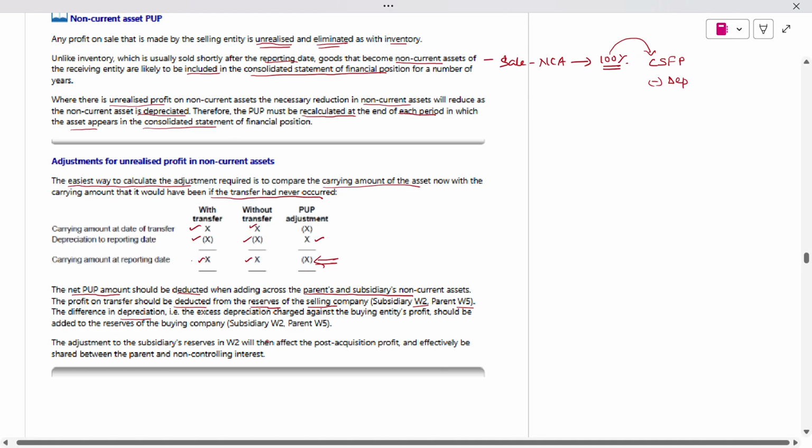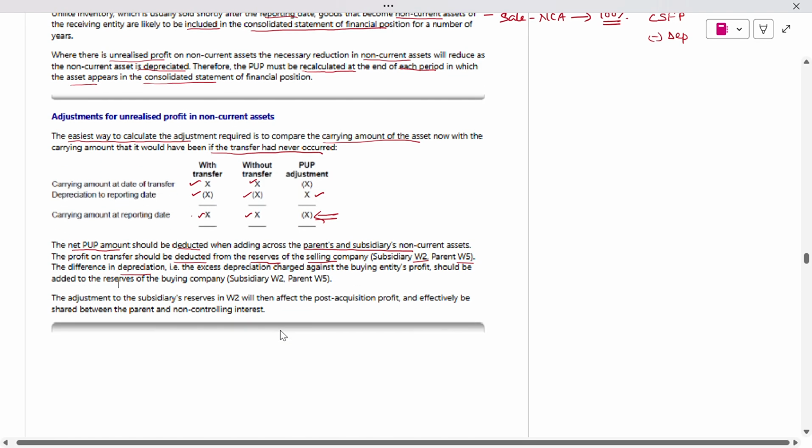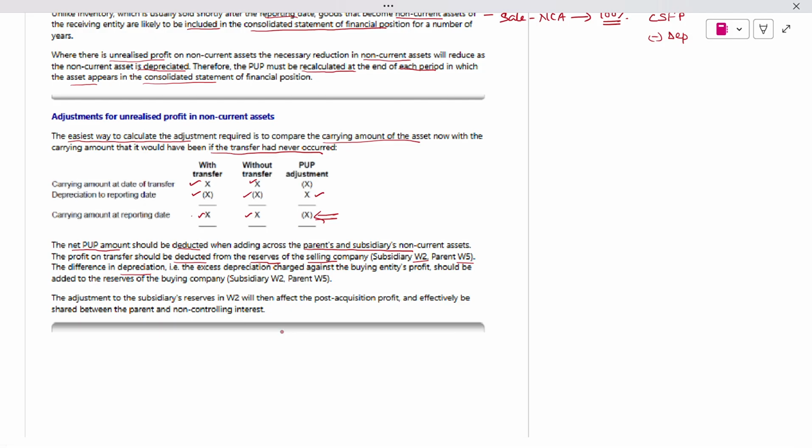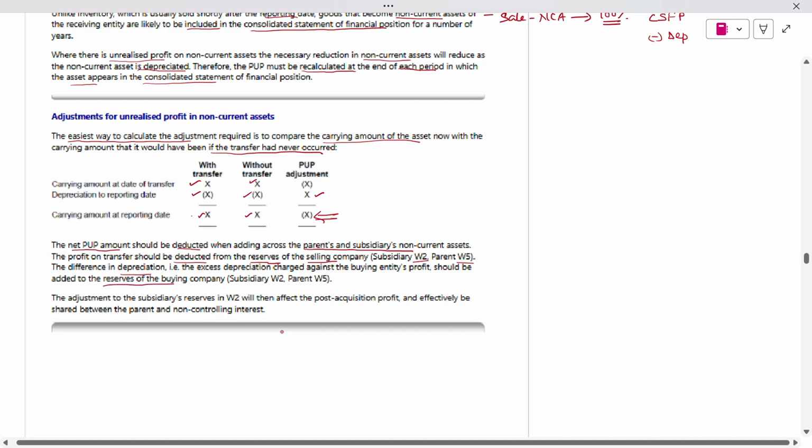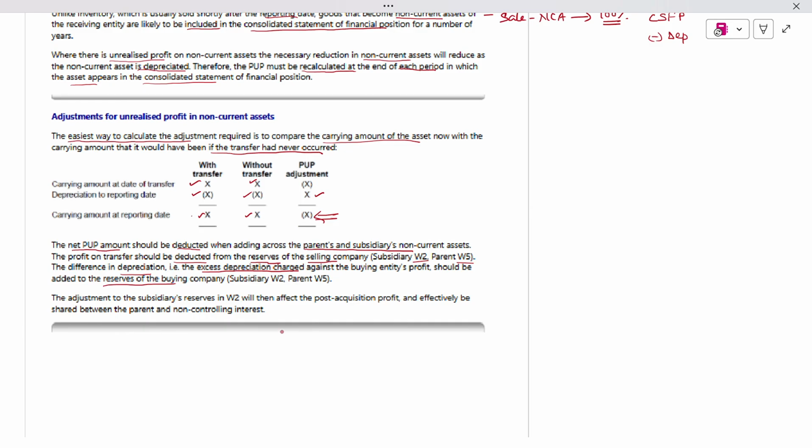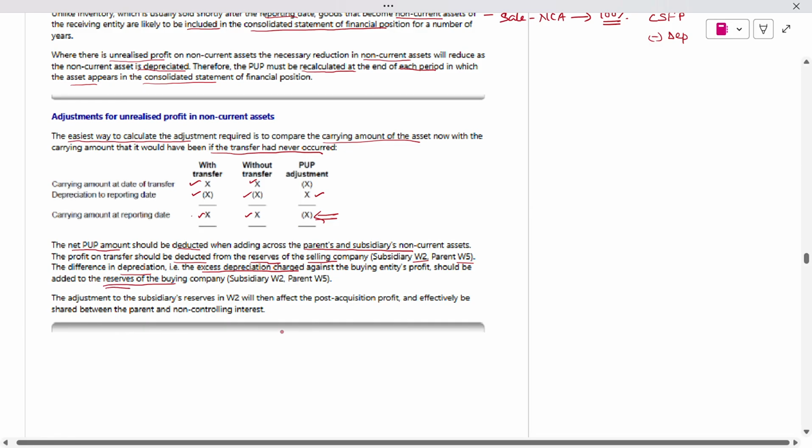Here, unless we do the problem, with the theoretical statement we will find it a little more specific. Any excess depreciation charge against the buying entity's profit: if there is any excess depreciation we have calculated, it is a charge against the buying entity's profit. Any excess depreciation, we add back to the reserves.